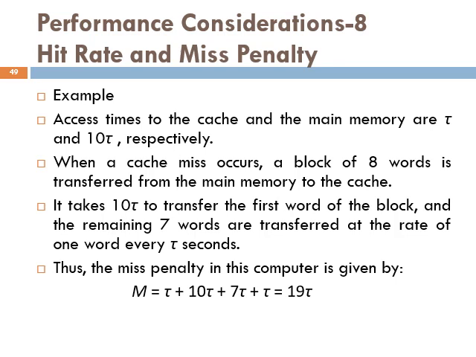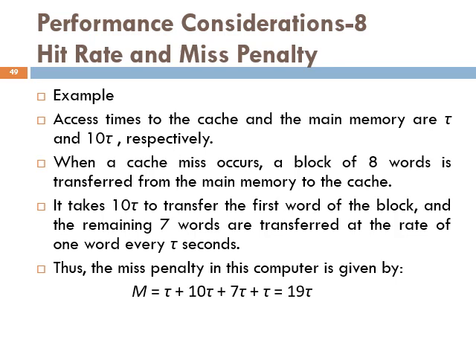For example, let us take the access times to the cache and the main memory to be tau and 10 tau respectively. When a cache miss occurs, a block of 8 words is transferred from the main memory to the cache. It takes 10 tau to transfer the first word of the block, and the remaining 7 words are transferred at the rate of 1 word every tau seconds.